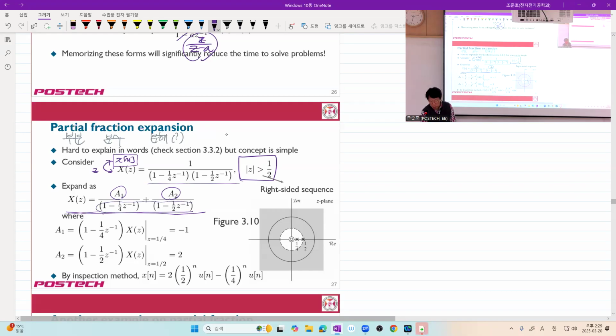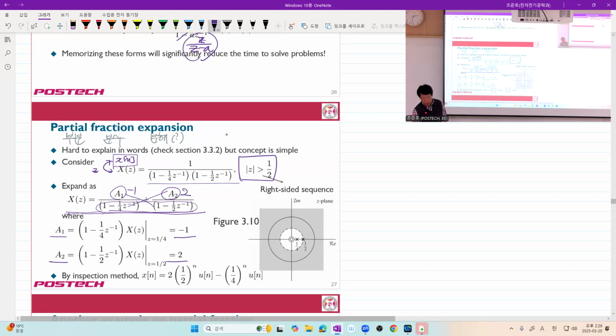You multiply the denominators and multiply that one, and you can find capital A1 and capital A2. So it's like this is -1, this is 2.